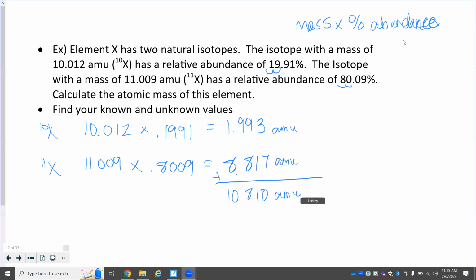And we could match this up and figure out what element this is. So if you look at the masses on the periodic table, this would actually be boron, which is number 5 on the periodic table. So we could use this to identify what that unknown element is as kind of a secondary question.